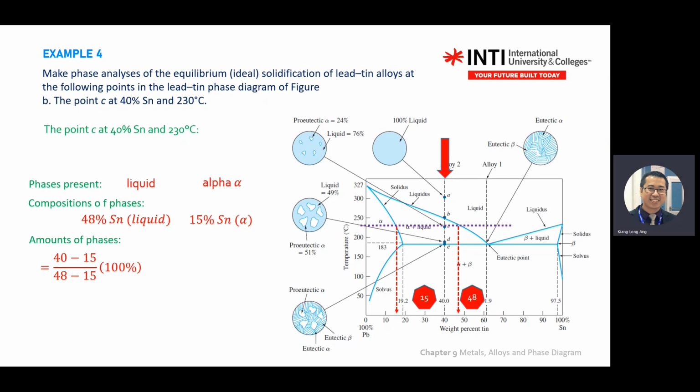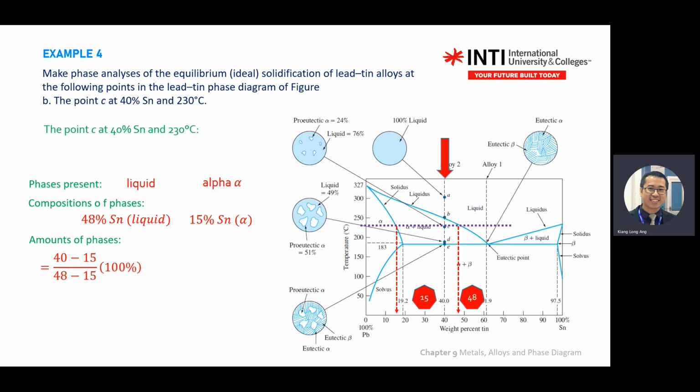Then how do you find the amount of phases? If you want to find liquid, then go to the opposite side. If you want to find alpha, go to the other side. This length is the alpha, right? So how many percent is your alpha? 8 divided by 48 minus 15, which is 33.